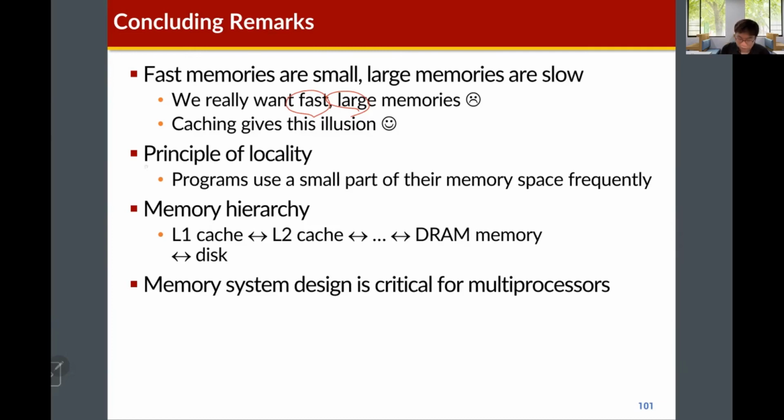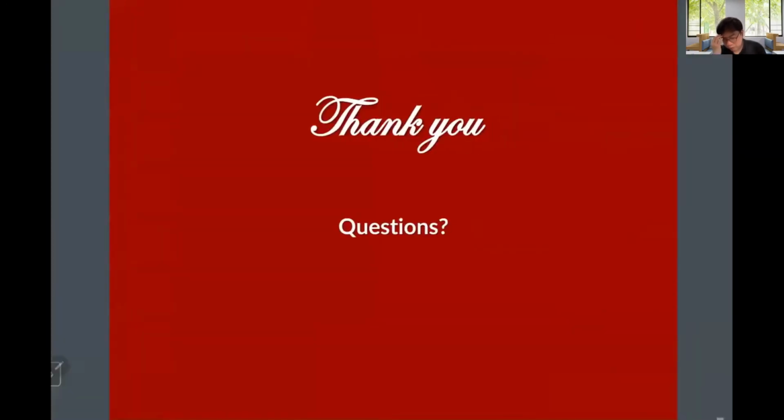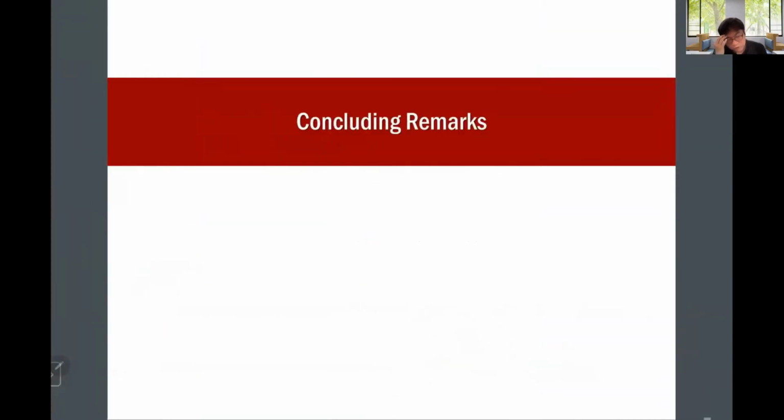And we can use the memory hierarchy because of locality in software, locality in data. In this chapter, we learned about the cache and virtual memory. These are very important topics in memory systems. This is the end of chapter 5. Any questions?